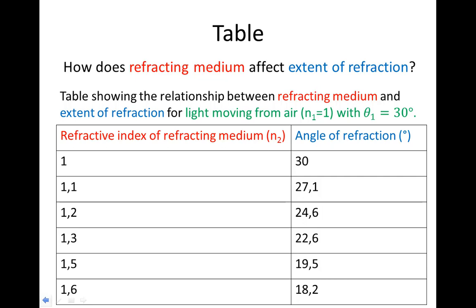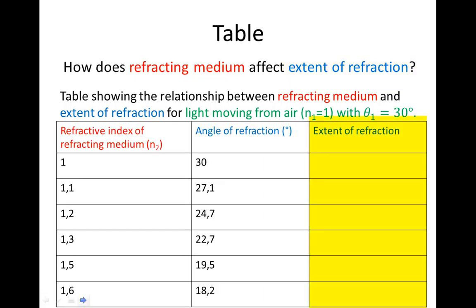We've been using the indicator of extent of refraction, angle of refraction, but we now need to convert in our minds how that is related to our actual dependent variable, extent of refraction. So I've added another column here, and what you should do is identify which has got the highest extent of refraction, which has got the lowest extent of refraction, and write that into that column.